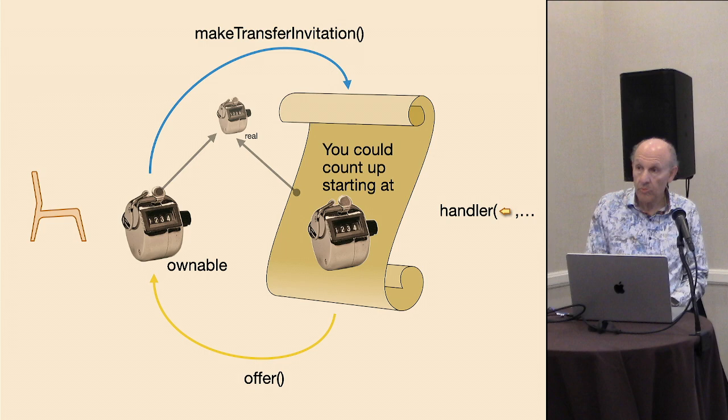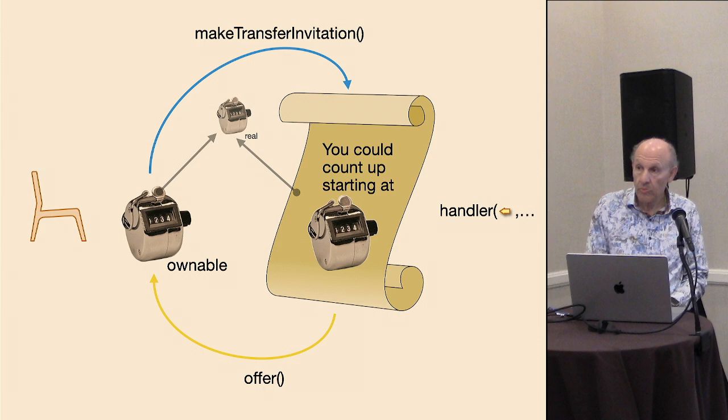Maybe I have a follow-up to that. If I understand correctly, maybe it's easier to think about the purse example. I can't really make an ownable out of part of an object, right? In the purse example, I would like to say that I have at least this amount of money in the purse, and then I can transfer that to someone else.